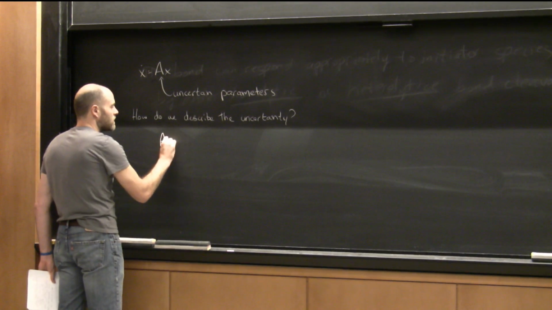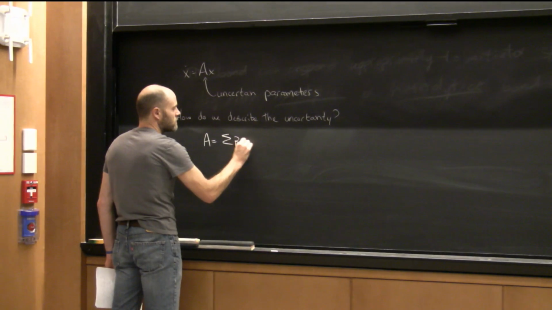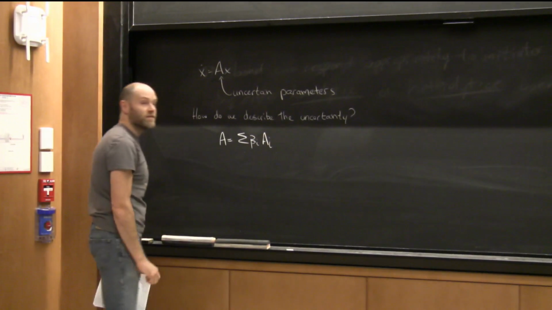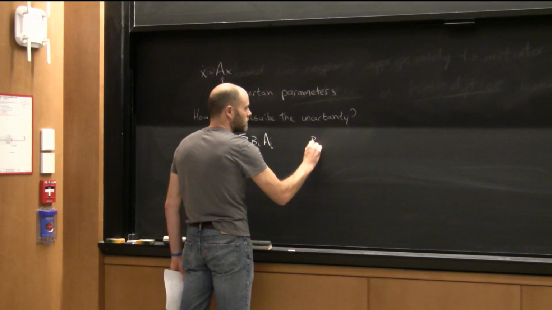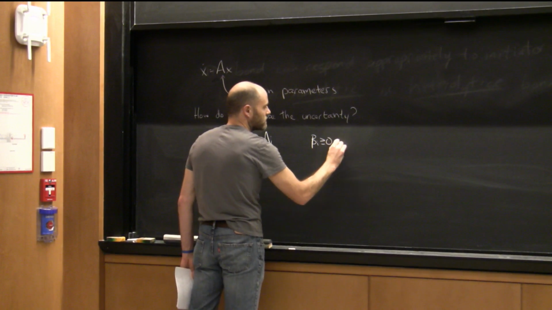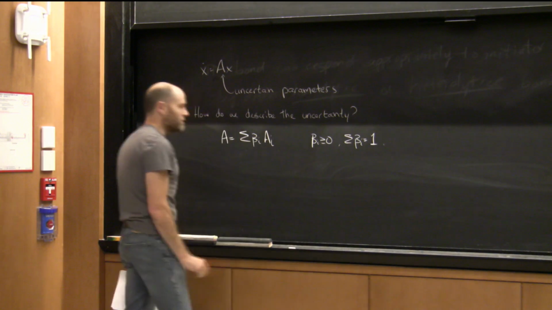Let's say that A is a convex combination of other matrices A_i, where the weights are greater than or equal to 0 and sum to 1. That makes it a convex combination.